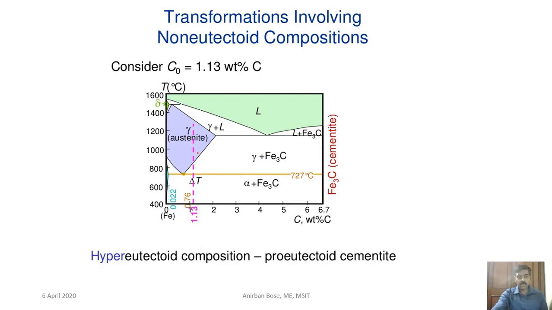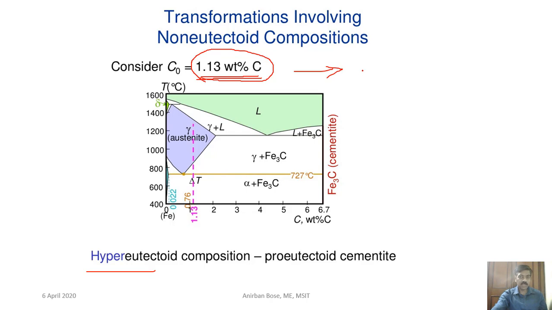Now let us see what will happen if it is not eutectoid. That means if the composition is not 0.76 but more than that, that means hypereutectoid, say a composition of 1.138% carbon. What is the final structure we have seen in the equilibrium phase diagram? First tell me.